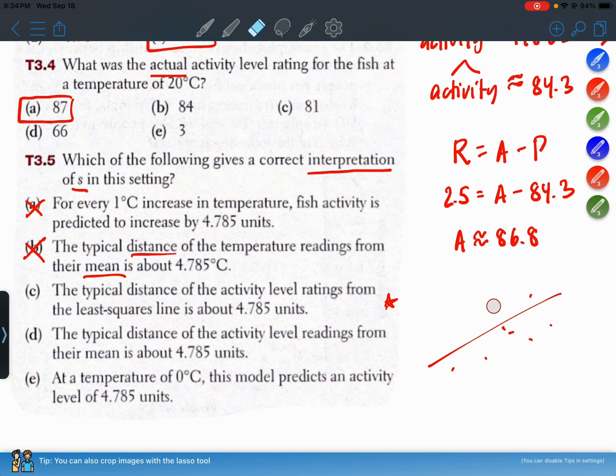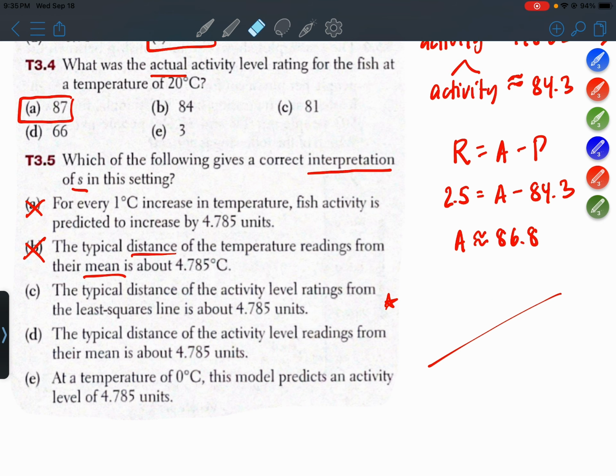Let's simplify that. Let's just have a couple dots, 5. 1, 2, 3, 4, 5. So the distance from the line is basically the residuals. This is talking about the typical or average distance from the line. It's talking about the average residual.